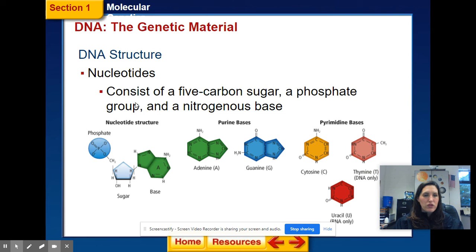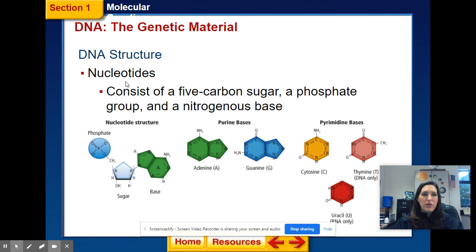Let's talk real quick about the structure of DNA. We're going to know that DNA is made out of nucleotides. So remember nucleic acid, the building block, the monomer, was the nucleotide. You have to know nucleotides are made out of three things: a sugar, a phosphate, and a nitrogenous base.